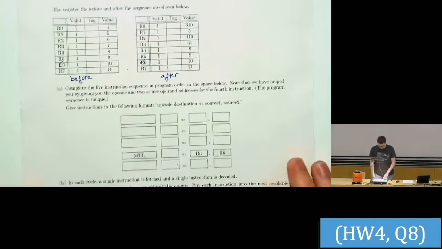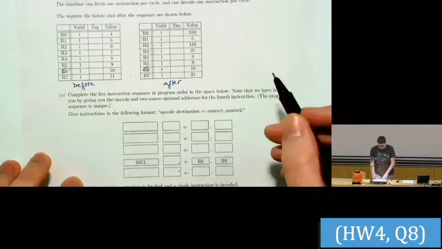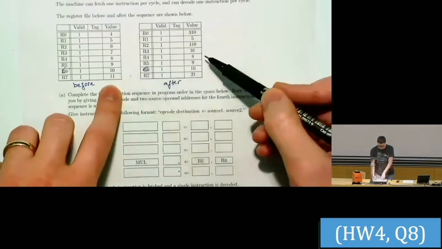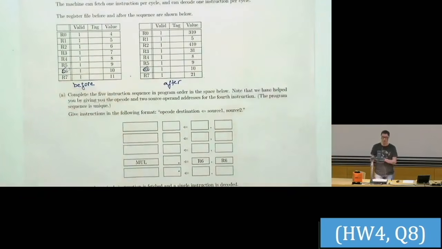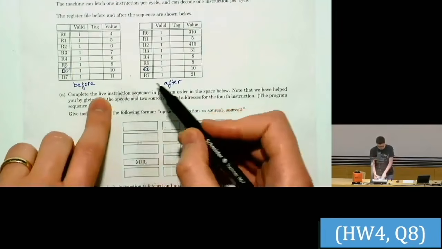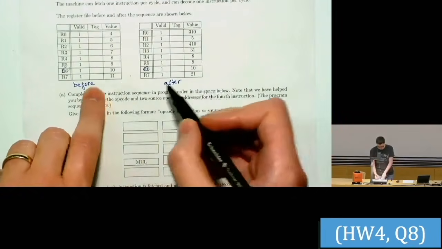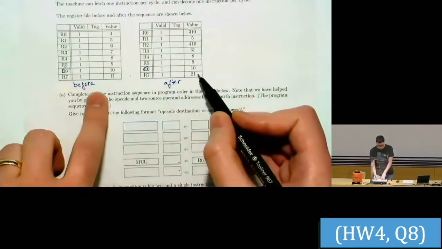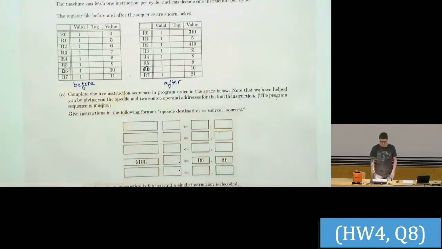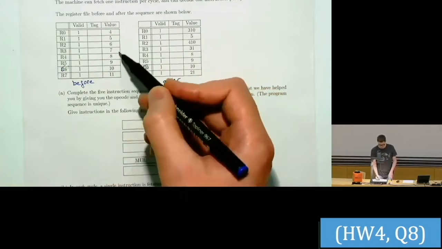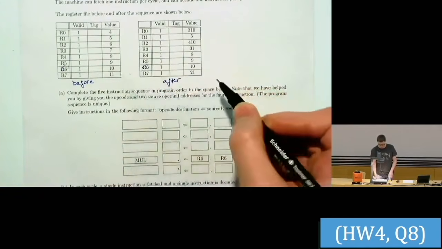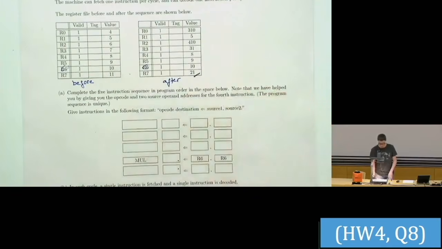Okay, so let's start one by one. So if you look at those given values and the final values we get, so basically your approach here should be trying to reconstruct the final values using the values that we have initially. So for example, we can see that R7 is updated, right? So it is 21 here, it was 11 here. So we can basically look for values in this initial version of the register file to calculate this value of 21.